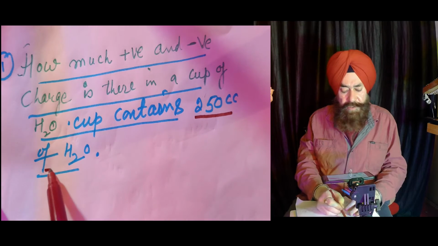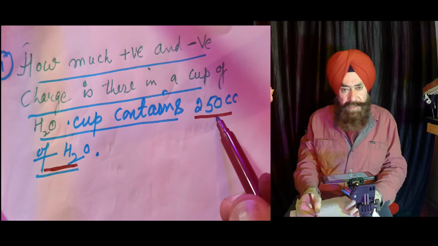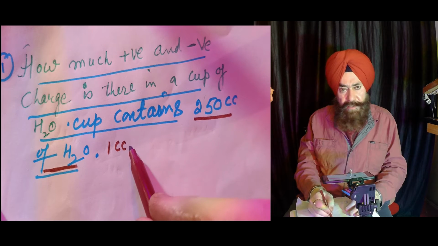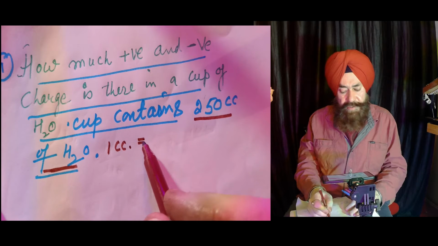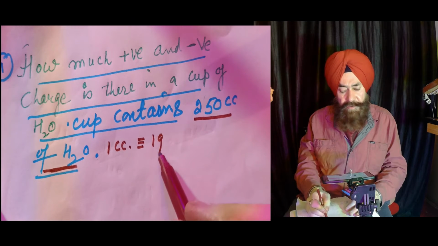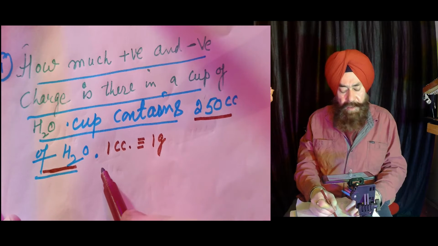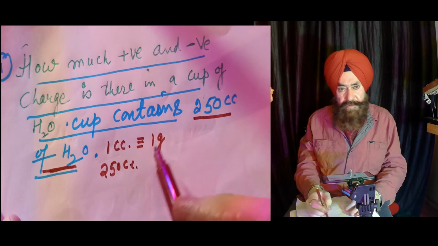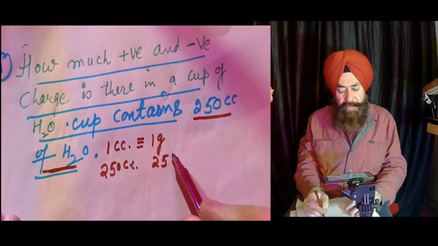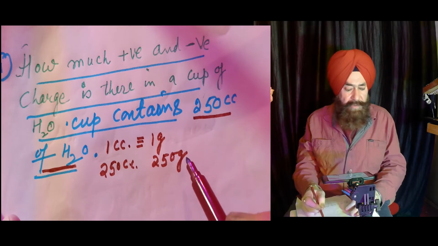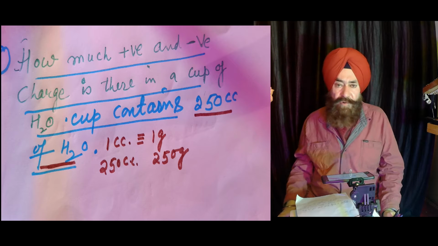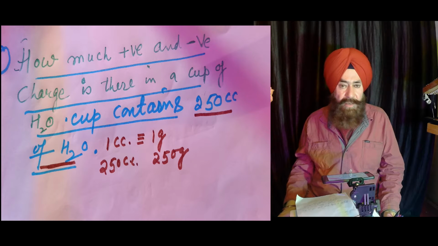You know, 1 cc of water is equivalent to 1 gram. And what about 250 cc of water? It means 250 grams. So we have 250 grams of water in that cup.